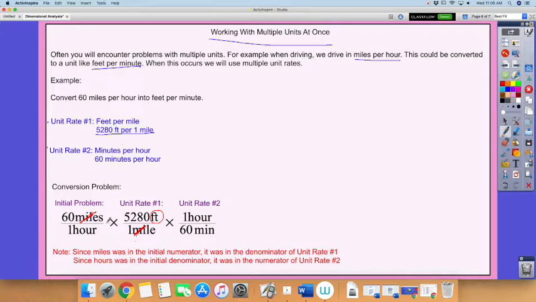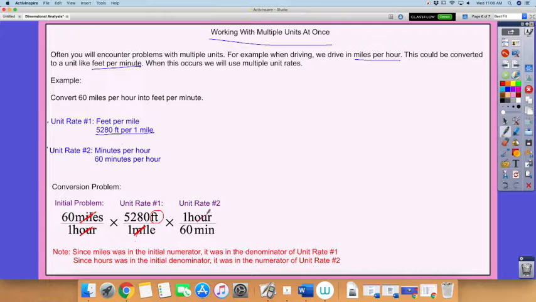Now we're not actually going to do any multiplying yet because remember we also have to convert that hour into minutes. So now I look in my initial problem and I ask myself, well, where is hours? And I see that hours is down here in the denominator. So that means since it's in the denominator of this problem, when I go to my spot for unit rate number 2, my hours needs to be in the numerator here.